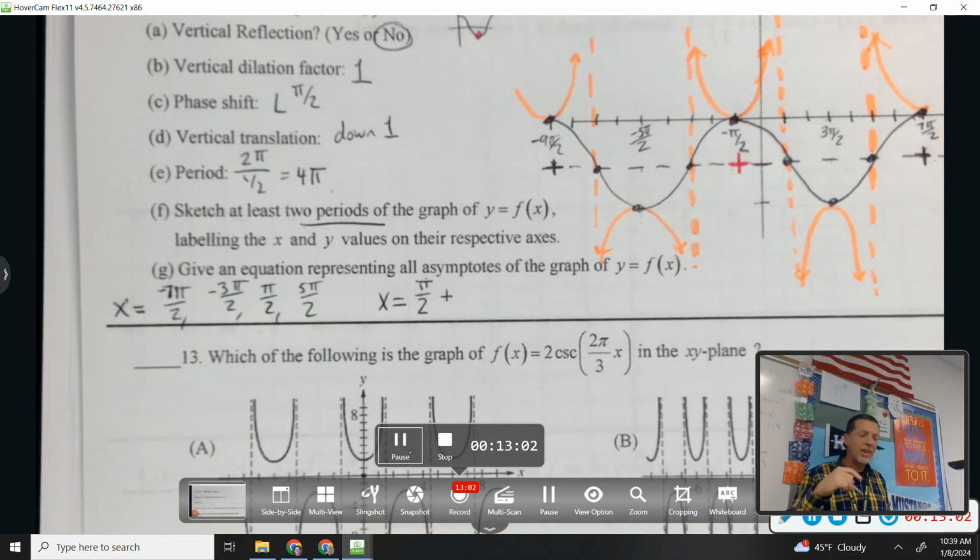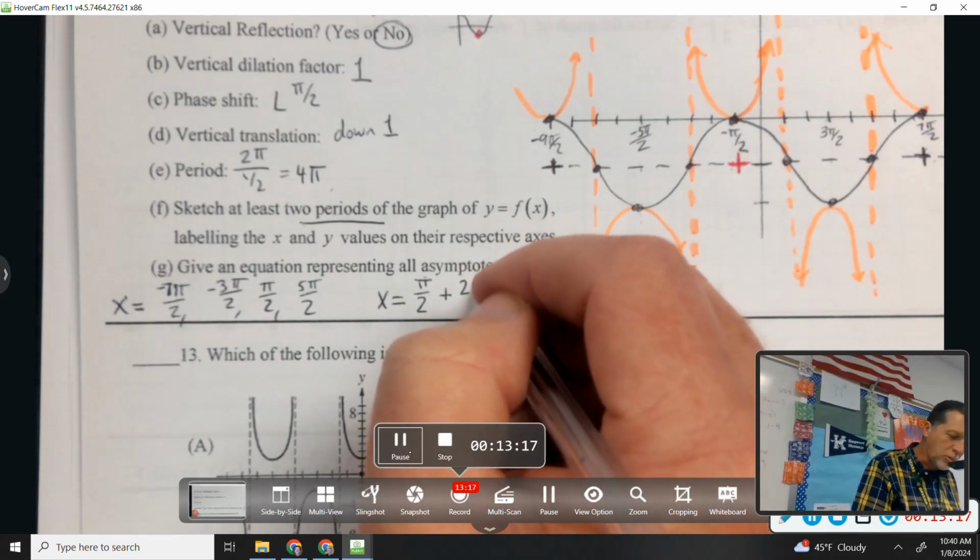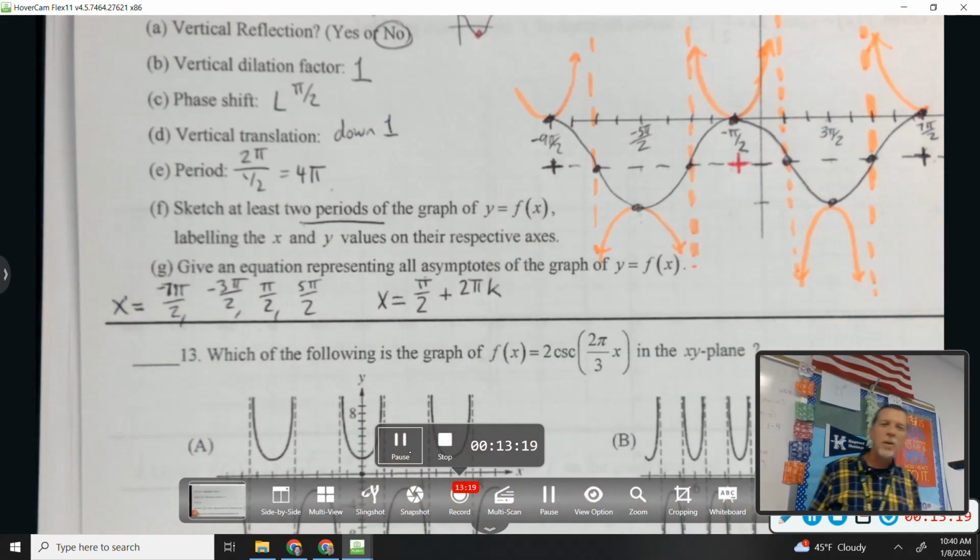I asked that question last period, and the student, I guess, was looking at numerators and denominators. He said they were 4 pi over 2 apart, which is correct. And so he put 4 pi over 2 times k, which would be fine. 2 pi k is maybe a little bit cleaner answer, but that would work.